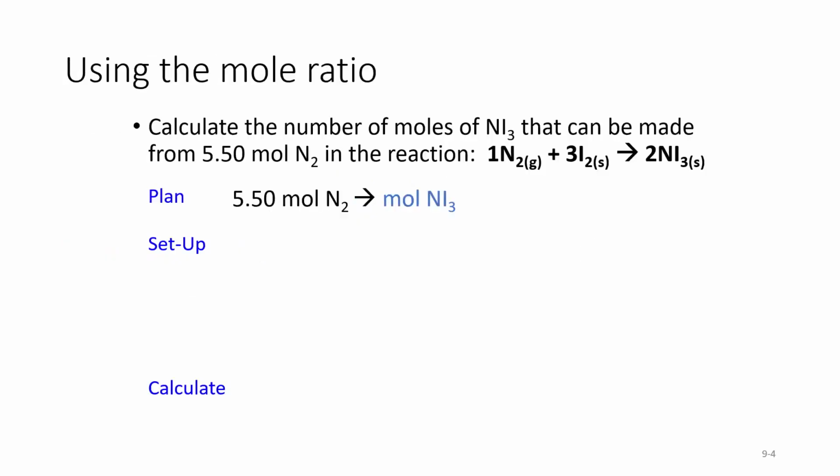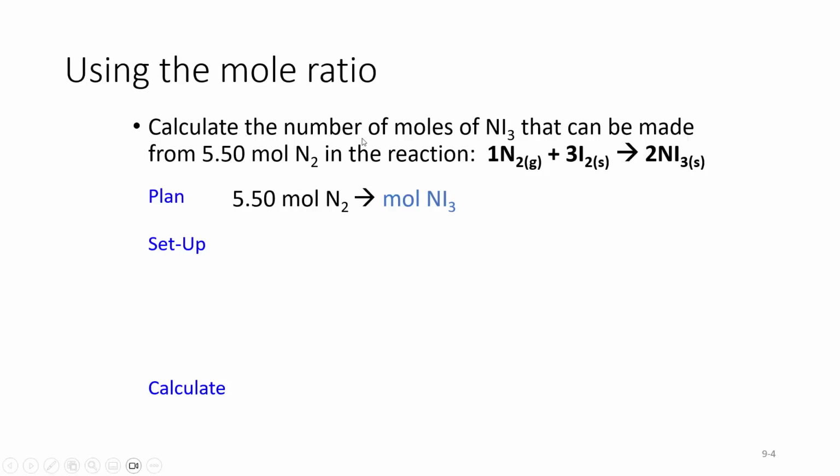So calculate the number of moles of NI3 that can be made from 5.5 moles of N2 in the reaction 1 N2 plus 3 I2 yields 2 NI3. So what I do is put the information underneath the equation because it makes it easier for me to keep track of. Now they already wrote out the plan for you, but again, I like to keep track of it next to the equation.